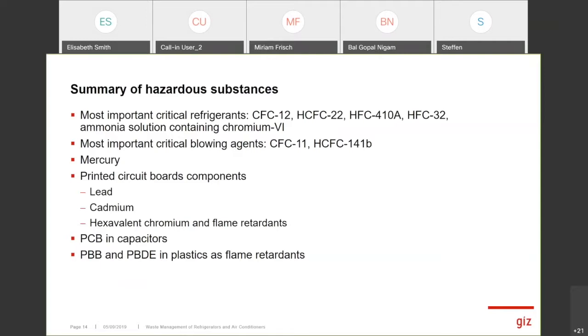Next in the row of hazardous substances is mercury, then printed circuit board components with lead, cadmium, and hexavalent chromium, and flame retardants. And then in the capacitors, we have PCB, and PBB and PBDE in plastic and flame retardants.